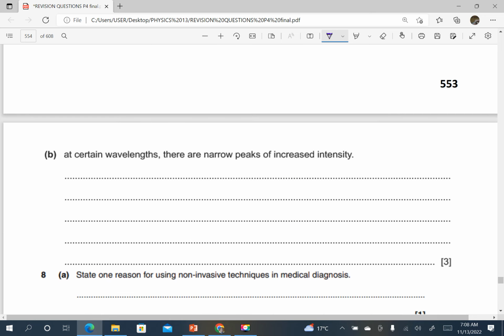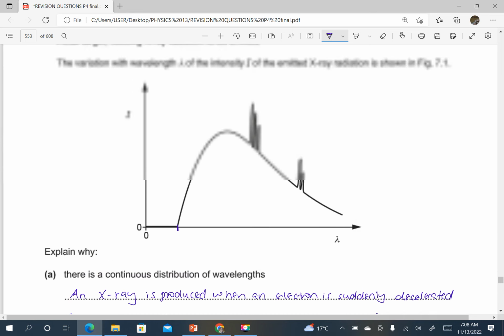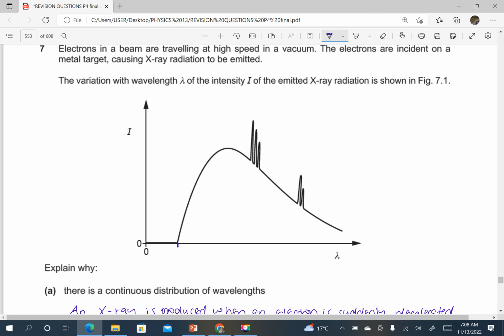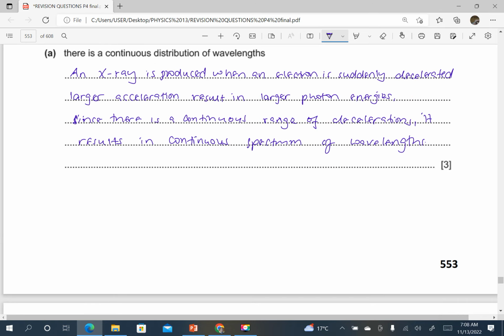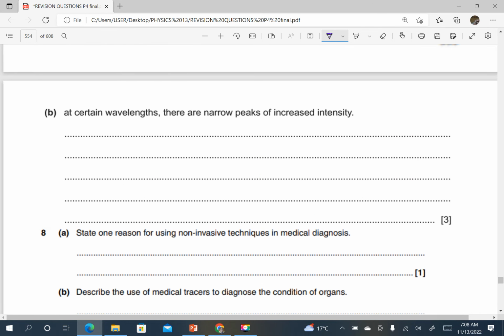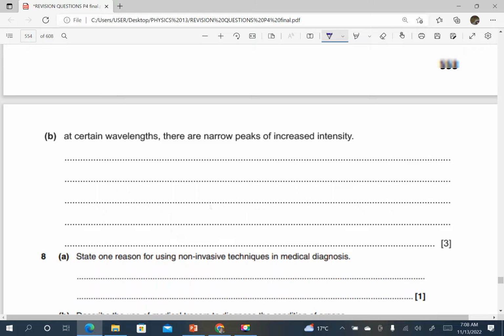At certain wavelengths, there are narrow peaks of increased intensity. You can see the narrow peaks there. So we want to explain why there are narrow peaks.